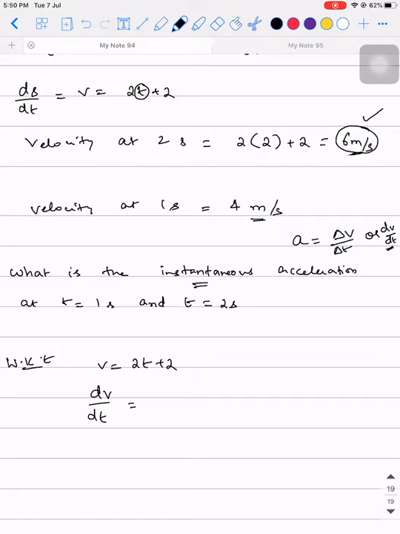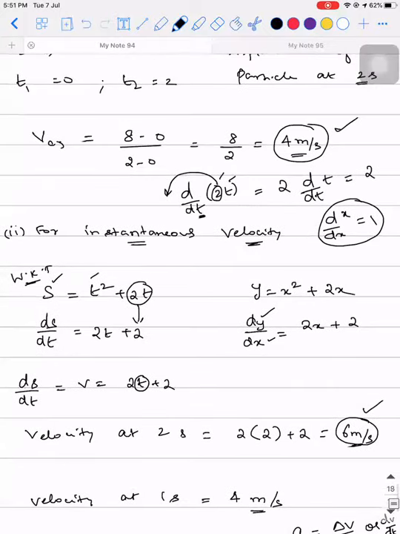Two, sir. 2 into 1, derivative of t is 1, plus derivative of a constant is 0. I will tell you why. You can make a note of this also. See, you might get confused between these 2 points. Here, the constant is multiplied with the variable. That is why I took the constant out and I differentiated the variable alone.